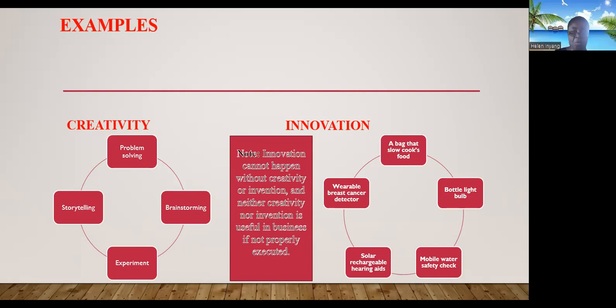Then coming to brainstorming. Brainstorming is a group problem-solving method that involves the spontaneous contribution of creative ideas and solutions. Or we can say that brainstorming is the mulling over of ideas by one or more individuals in an attempt to devise or find a solution to a problem. Then looking at the experiment.